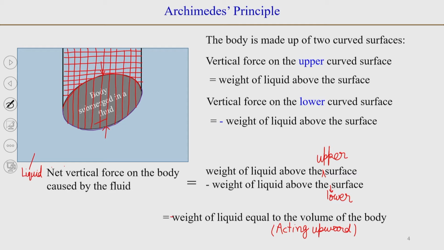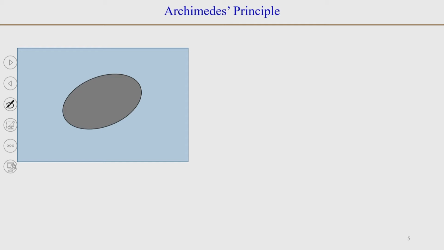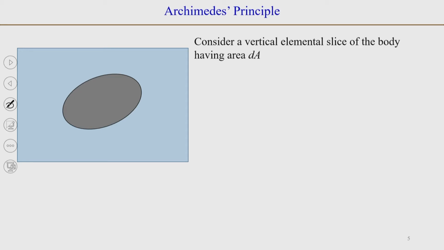Now, we will do the same exercise, but in a slightly different manner. If you again take the body and take an element, a slice having an area dA, and you take 2 points on this small slice, point 1 and point 2 on the upper and lower surfaces of this body.